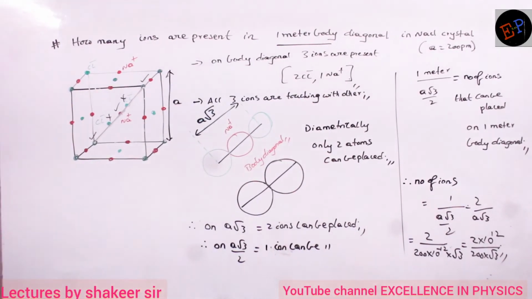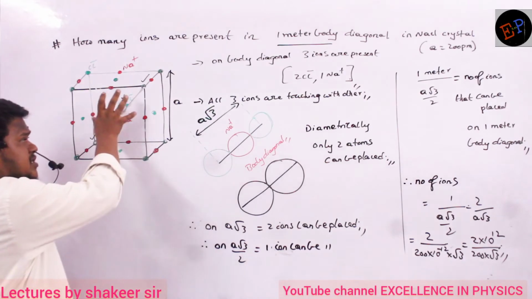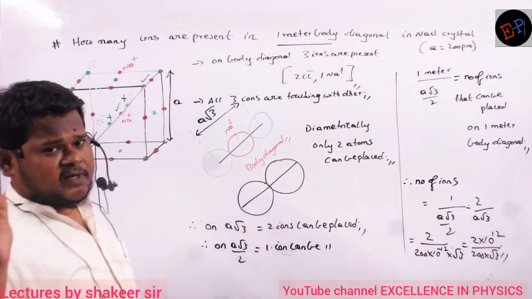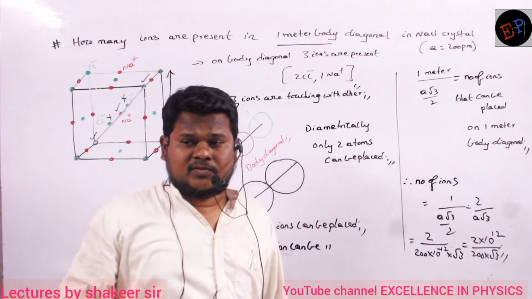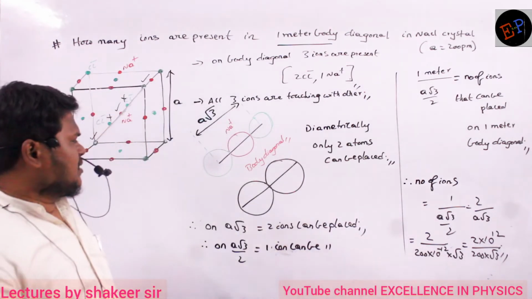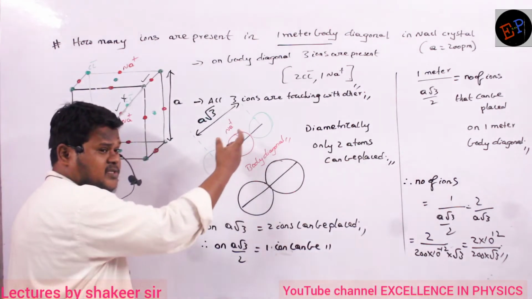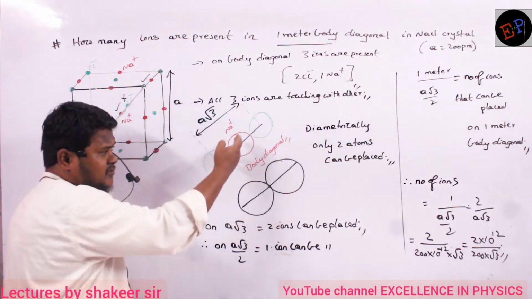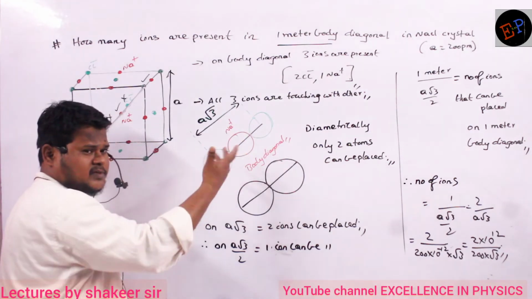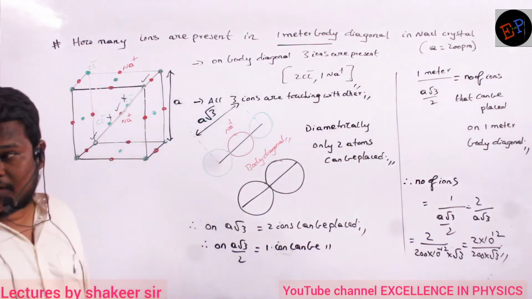Is it clear? Okay. First of all, positioning of Na plus and Cl minus is very important. Remember the positioning. Next we should see which atoms are touching each other. Definitely on this body diagonal, all the atoms are touching each other because they are oppositely charged ions.